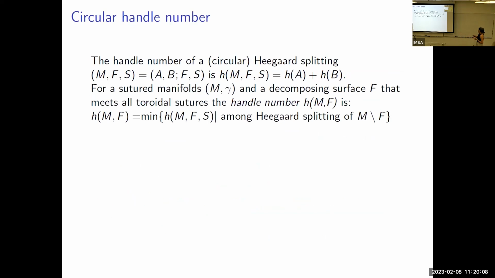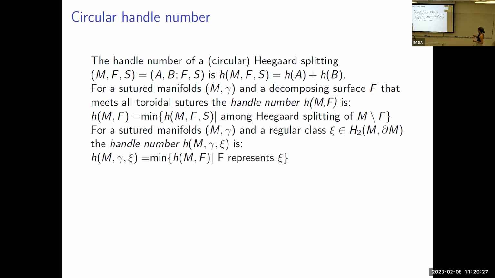So the handle number of a sutured manifold and a decomposing surface, we just minimize over the handle numbers among all Heegaard splittings of the decomposed sutured manifold along F. And then, given a regular class, we can define the handle number of the sutured manifold and the class to be the minimum handle number of (M, F), where F represents the second homology class.